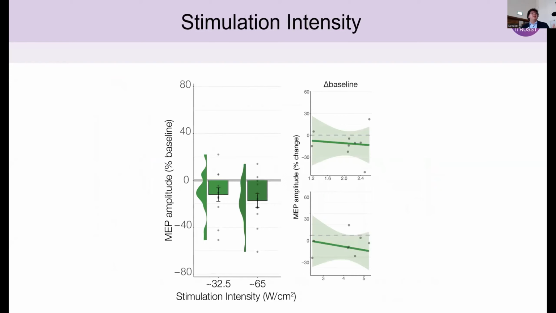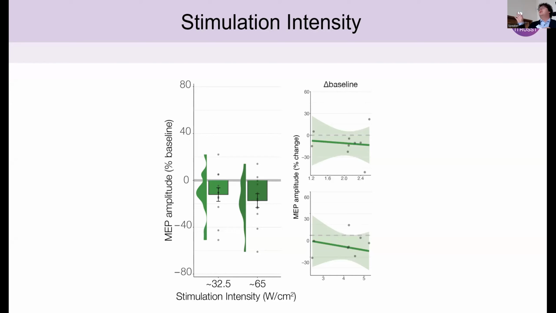Now, we also looked at stimulus intensity. Here you can see, again, the first sample, so 32.5 and 65 watts per centimeter squared, and we did not observe a significant difference in MEP attenuation from baseline in those two conditions. And what we've also done is, with the wonderful help of Andre Chetverikov, who is here today, we ran simulations of acoustic wave propagation, and we double-checked, or simulated at least, the intracranial intensities.